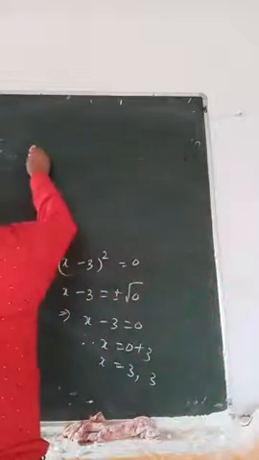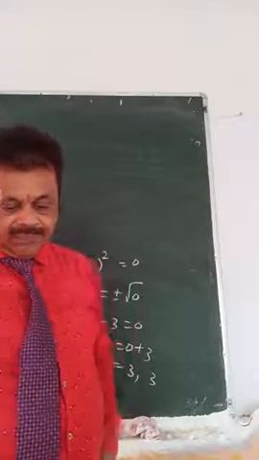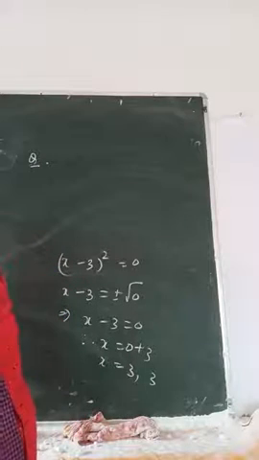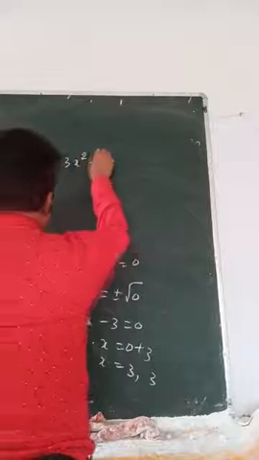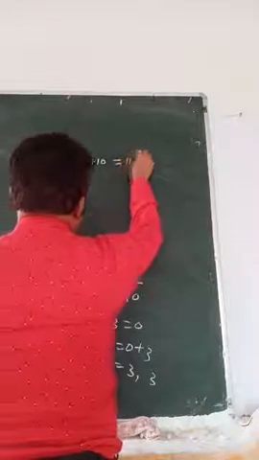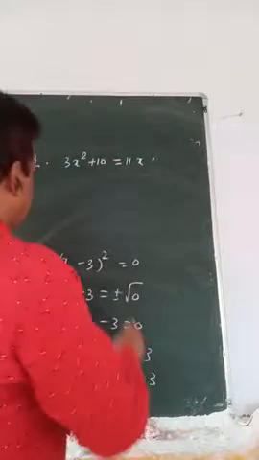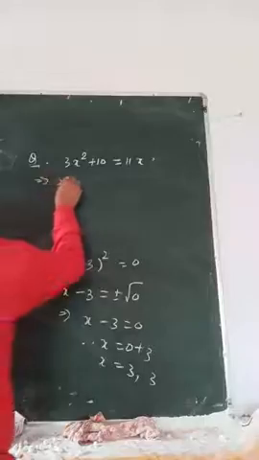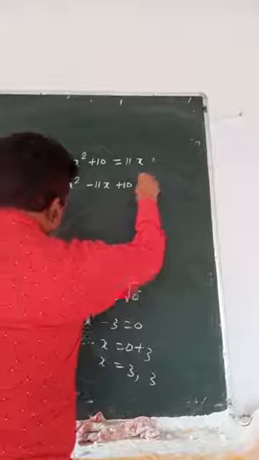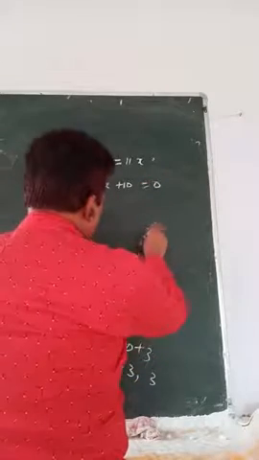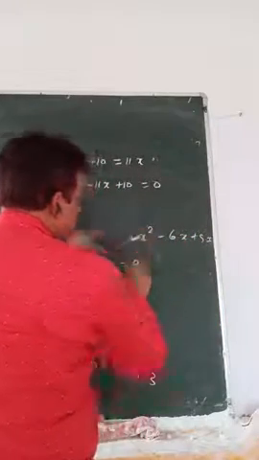Okay. Now let's go to a difficult question. Suppose I take the question 3x square plus 10 equals 11x. First you have to bring the 11x here: 3x square minus 11x plus 10 equals 0. In the previous question, x square minus 6x plus 9 equals 0, the coefficient was 1 here.